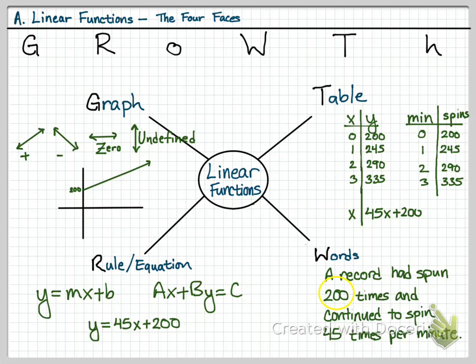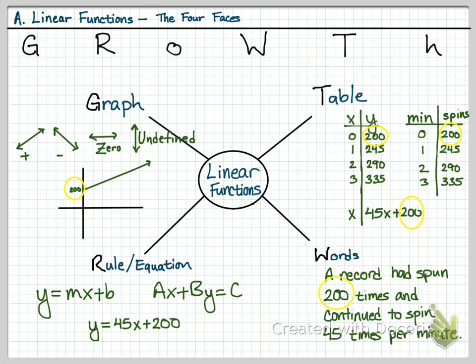Now what I've circled in yellow is the 200 under the words. I've circled the 200, and what I want to do now is look at the connection between all the faces. The 200 shows up in words, and it shows up in the y column, the spins column, in our table, and in its equation. In the graph, the 200 is circled there in yellow. That's where it crosses the y-axis.